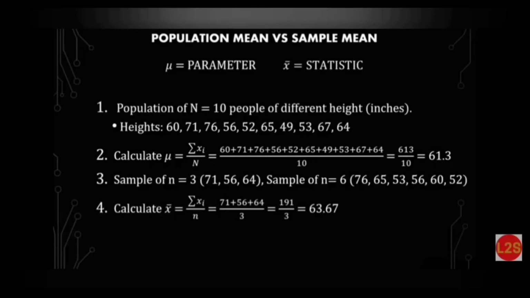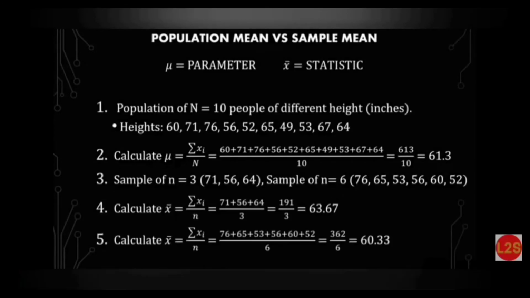So you're not dividing by the population, you're dividing by the sample size. And so we have 71 plus 56 plus 64 over 3, which gives you 191 over 3, which gives you 63.67. And this is rounded. And so it's close to what the mu is, but I'm sure if we increase the sample size, it'll get closer.